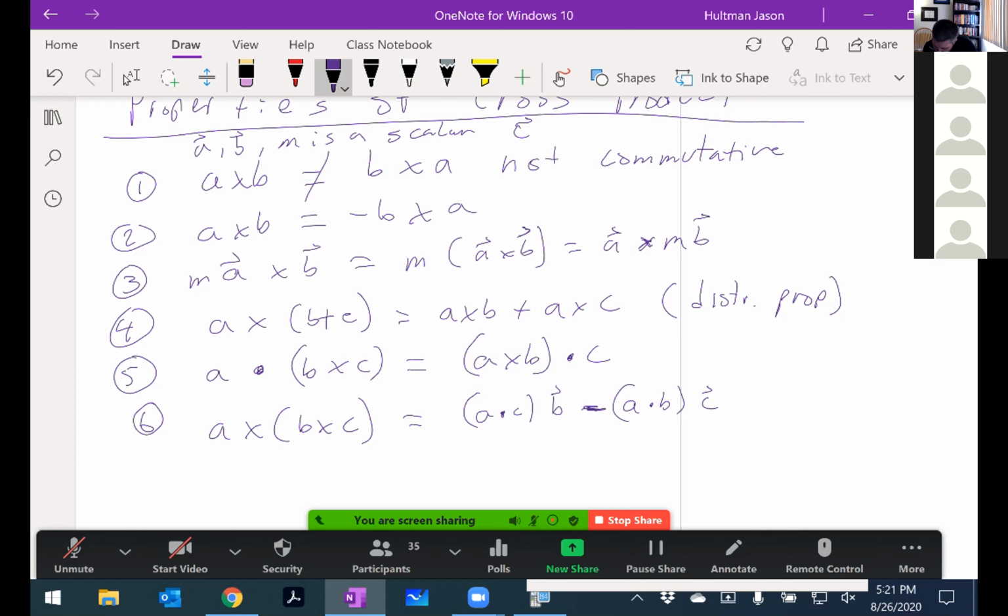This is a scalar times a vector minus a scalar times a vector, which will give us a vector. It's a vector out. So those are the properties there.